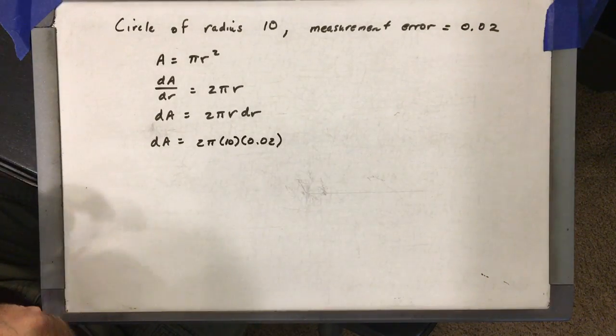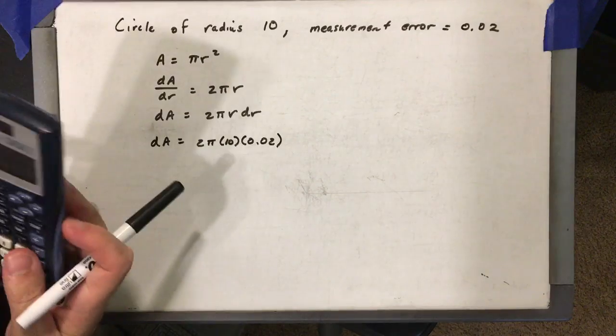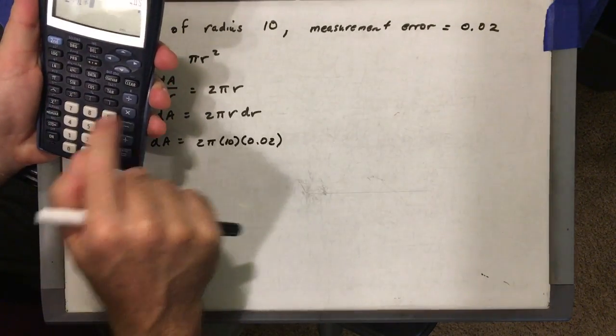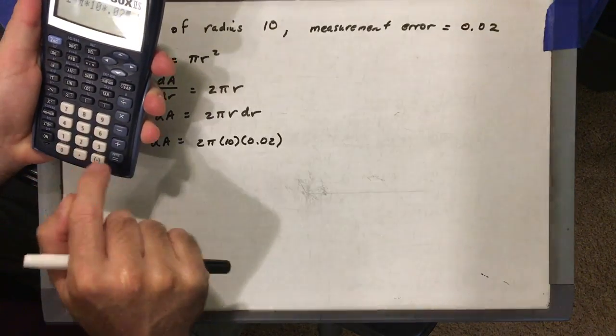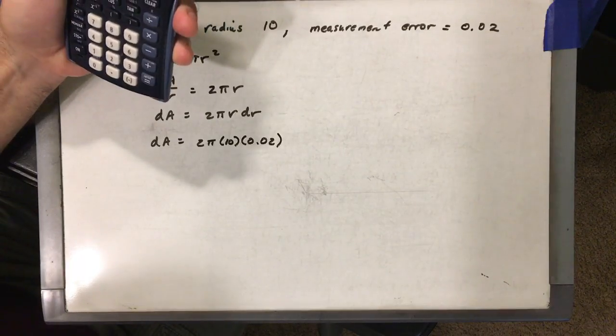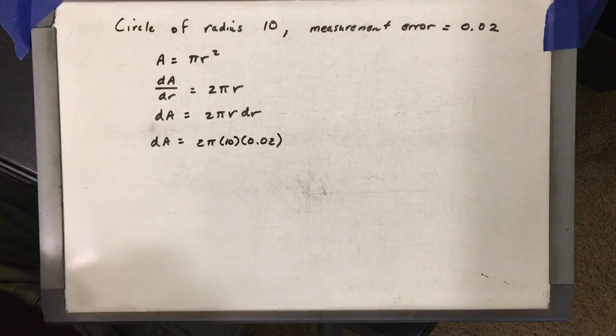Okay, so that would be 2 times pi times 10 times 0.02. That's 1.257.